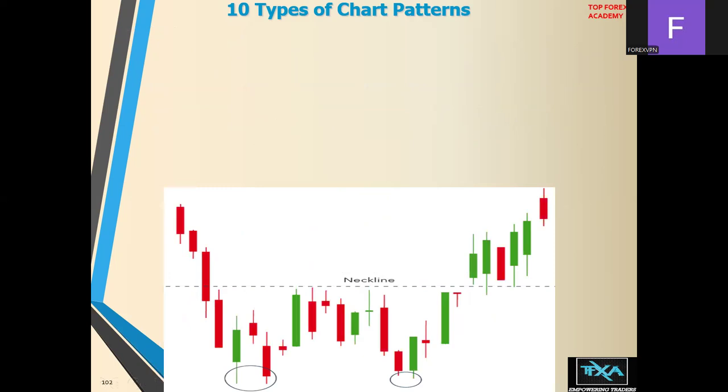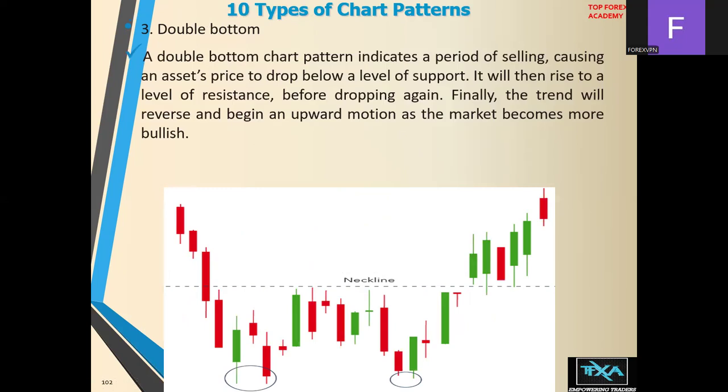The next on the list is double bottom. Just as we have indicated in the double top, a double bottom chart pattern indicates a period of selling causing an asset's price to drop first below a level of support, just like this. It will then rise to a level of resistance before dropping again.